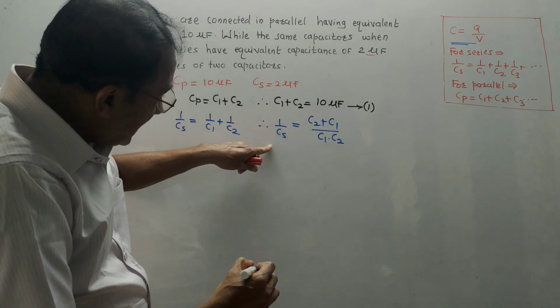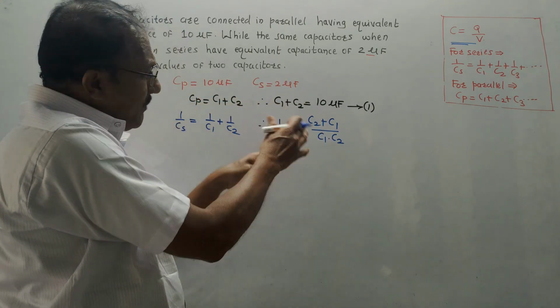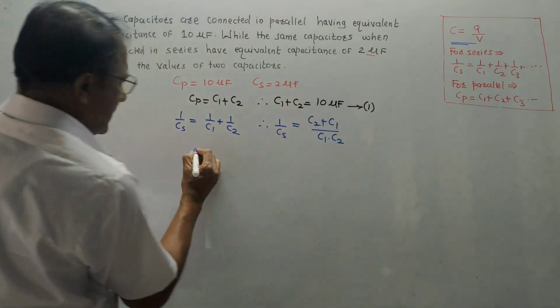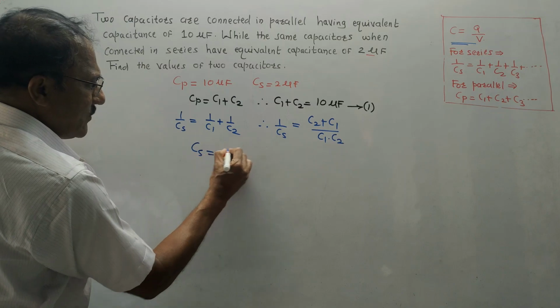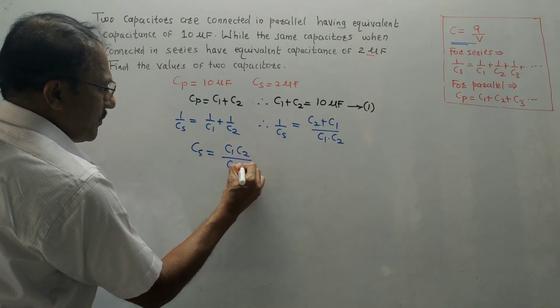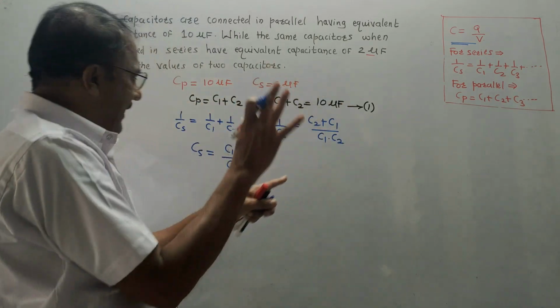We don't want 1 by Cs. We have the value of Cs. So take the reciprocal of this equation to make the thing simple. So if I will take reciprocal of entire equation, this can be written as Cs is equals to C1 into C2 upon C2 plus C1 or C1 plus C2. Simply I have taken reciprocal of entire equation.